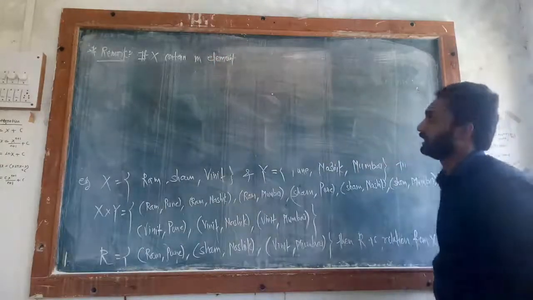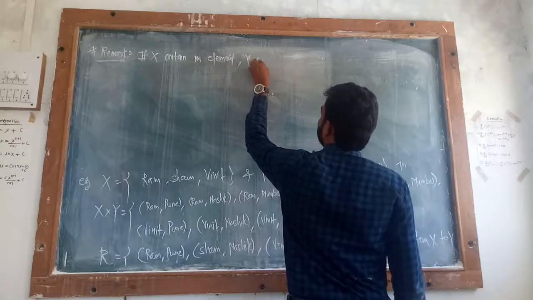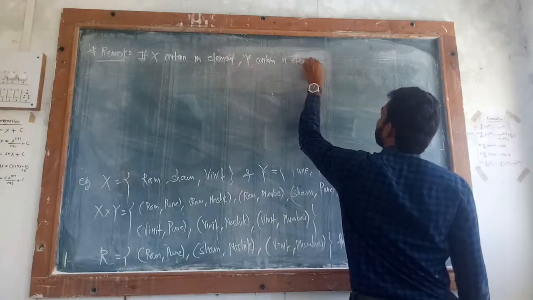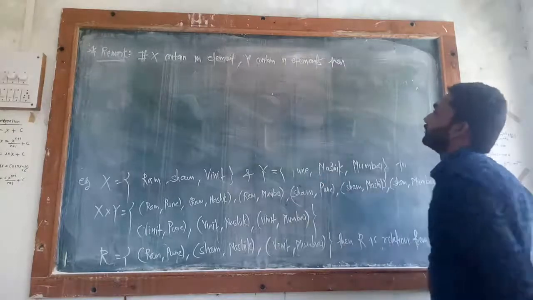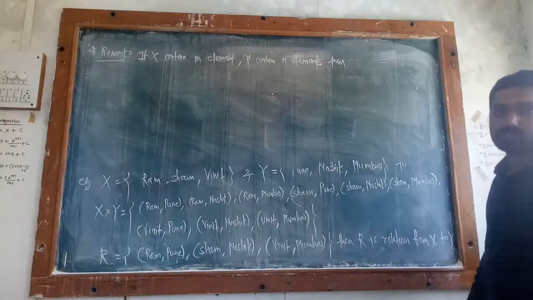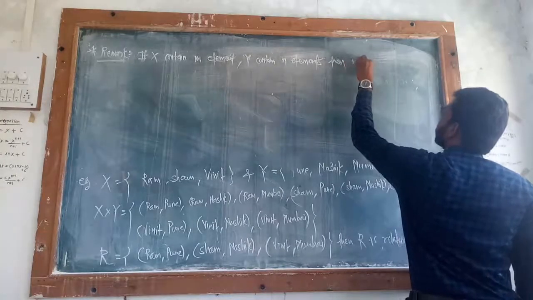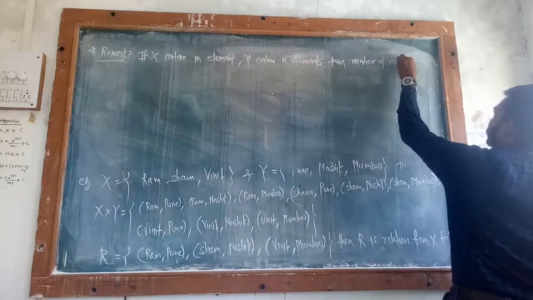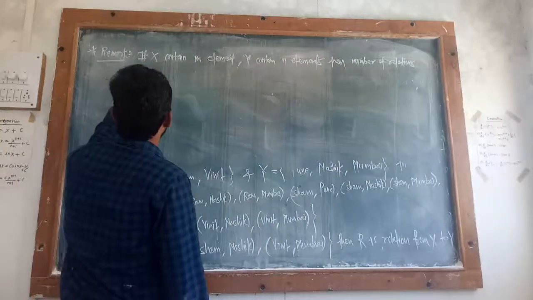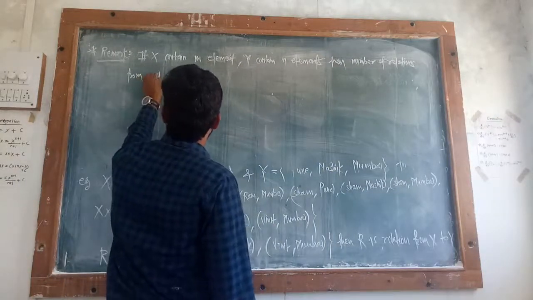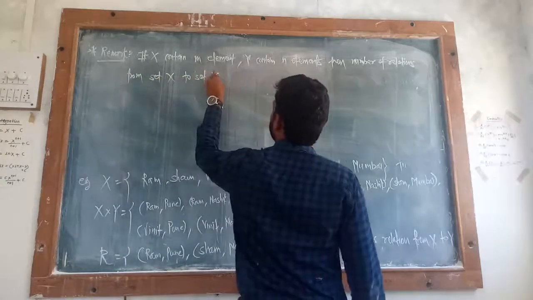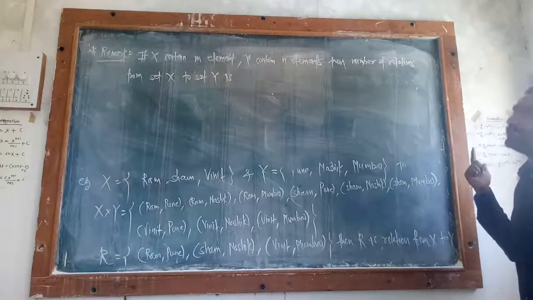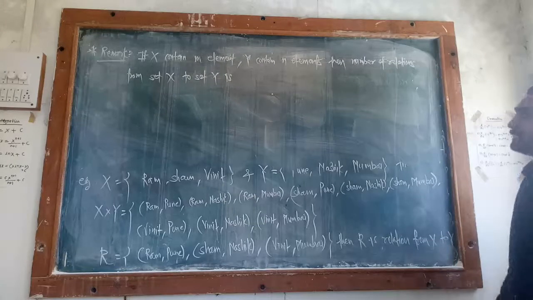If set X contains m elements, set Y contains n elements, then the number of relations from set X to set Y is what we have to find.